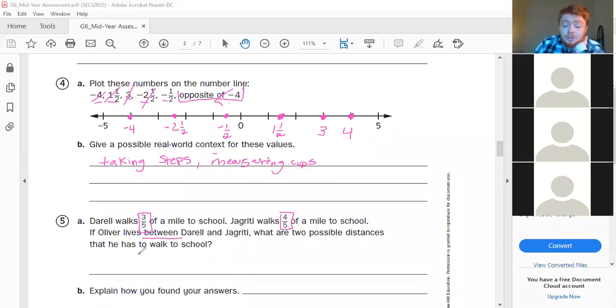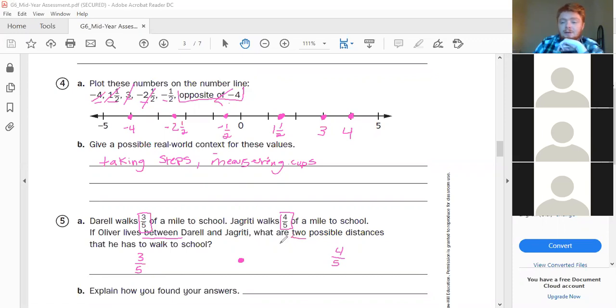I'm going to start by first just having an in-between. So if one person lives here, one person lives here, and our friend Oliver lives in the middle, he's right here. Now we need to figure out what his number is. There's two possible distances.